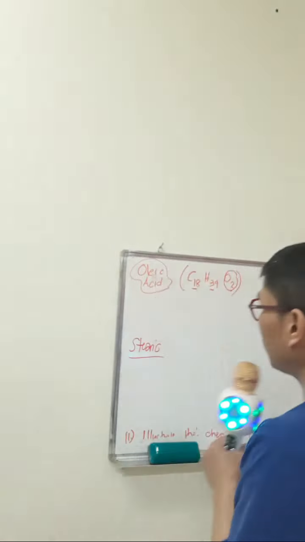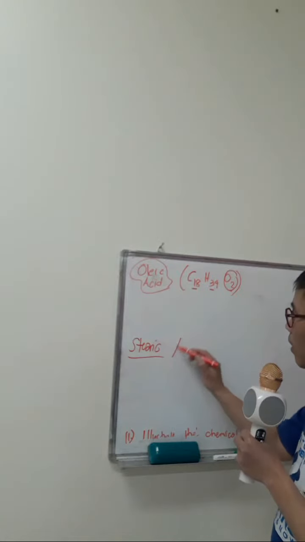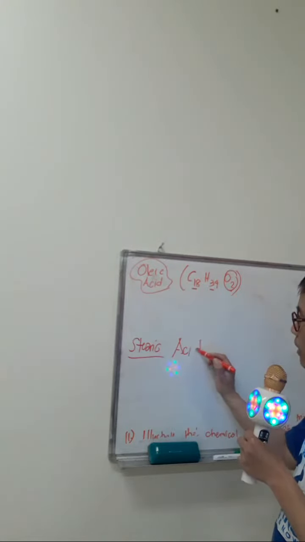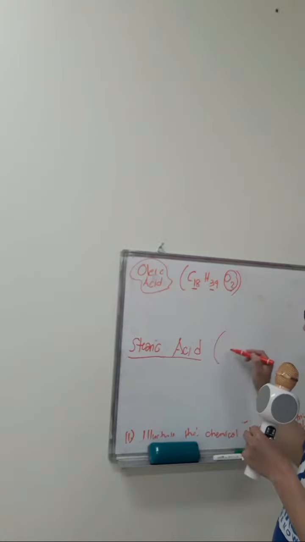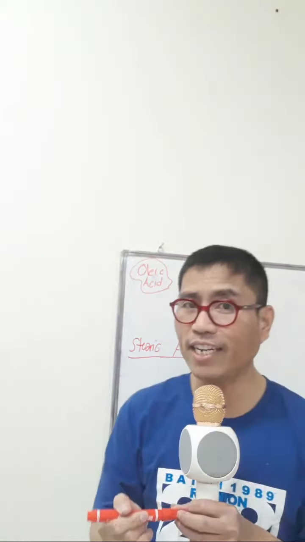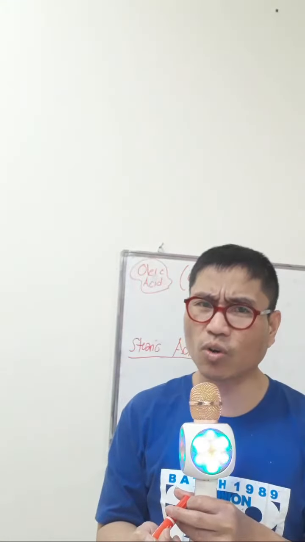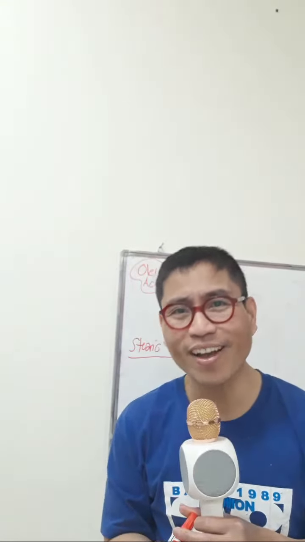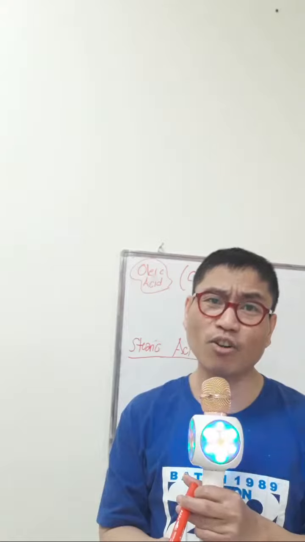Now, going back to stearic acid. The formula of stearic acid is like this: 18 atoms of carbon. So basically, guys, the backbone of carbon atoms of any saturated fatty acids is 18 carbon atoms. Just bear that in your mind.